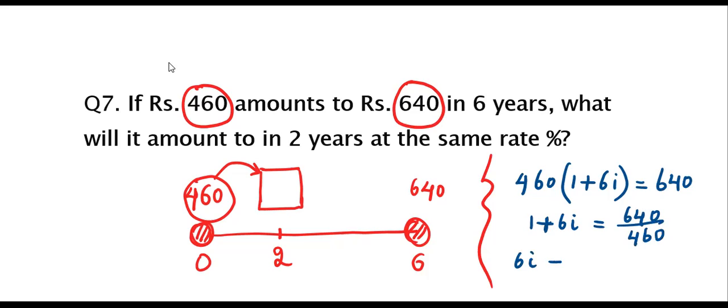Then 6i is equal to, you can cancel this one, 64 divided by 46 minus 1. Then divide it by 6. You get i. And the final answer will be 460 into 1 plus 2i, because this is 2 years. You want to know the value after 2 years. So put i value here and check that you get 520. This is the final answer.